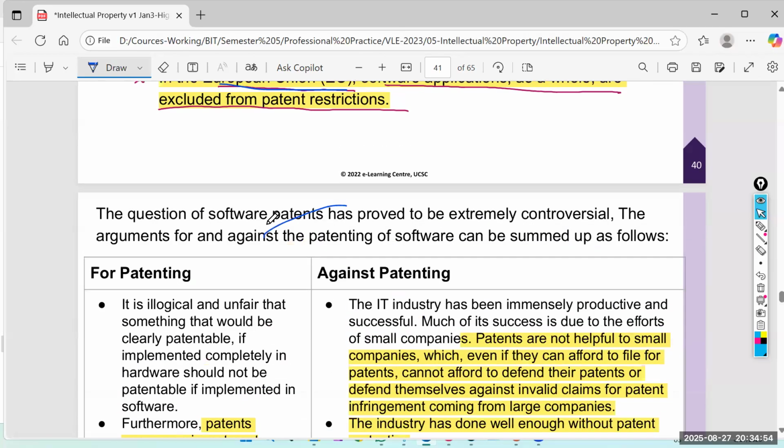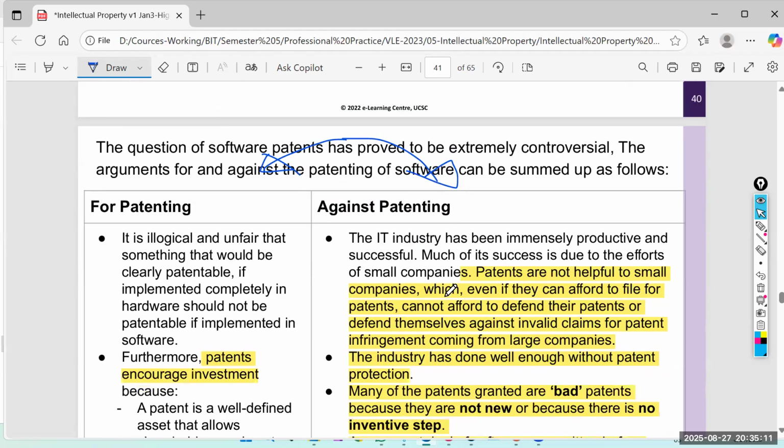And there has been a debate for a very long time on whether patents are good or bad, because patents have both good and bad. So there are arguments for patenting and arguments against patenting. The main argument for patenting is that it encourages inventions, because when someone puts up a lot of effort and comes up with an invention, they get the monopoly to use it. So that is a good motivation for inventions.